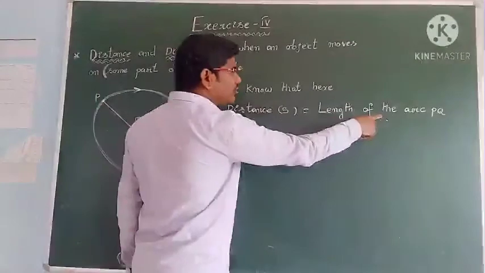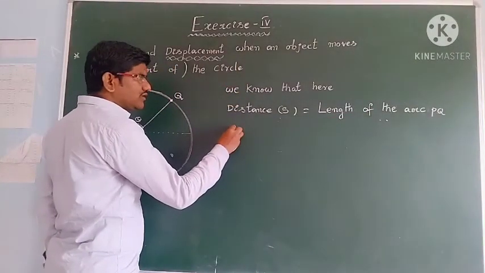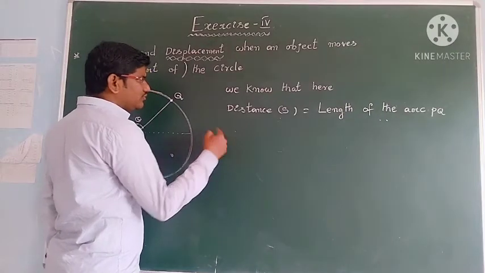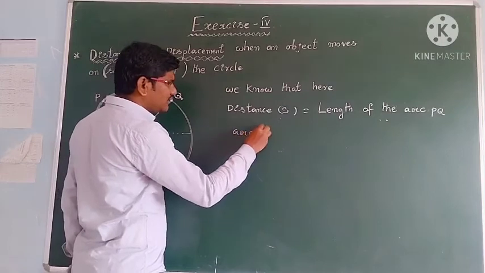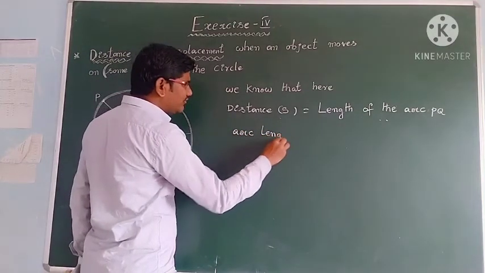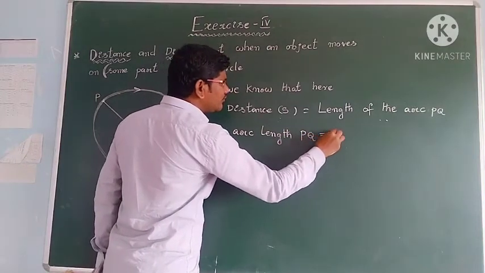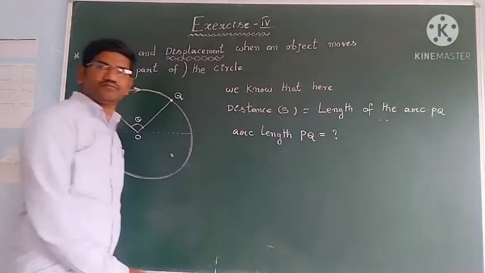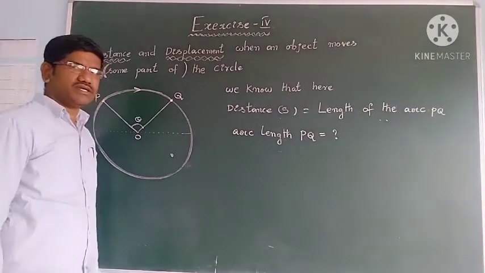Distance is equal to length of the arc. To find the distance, arc length PQ we have to calculate.